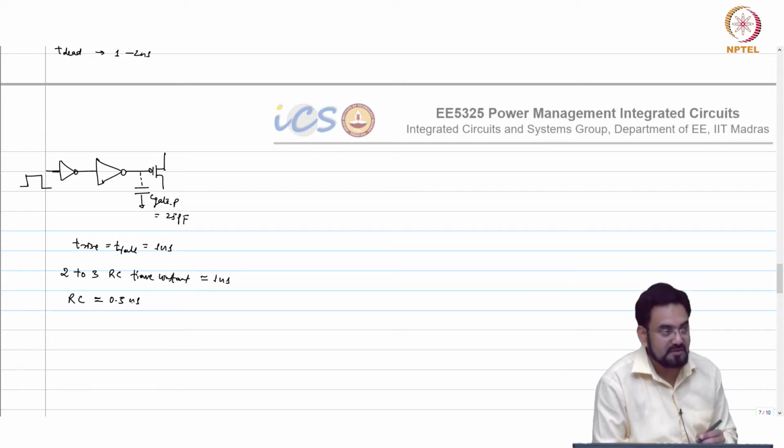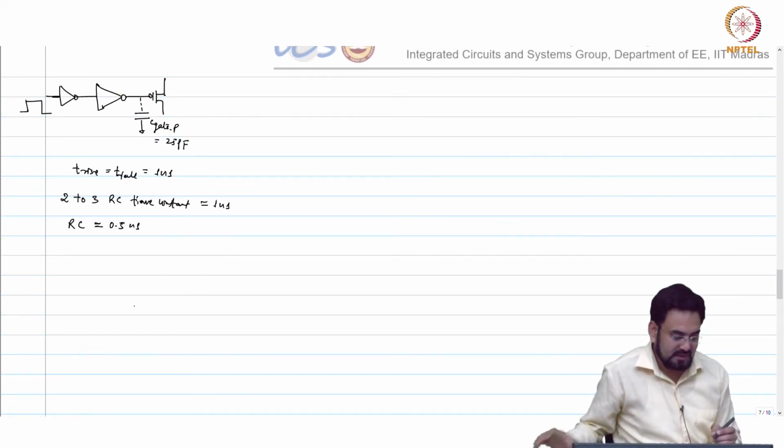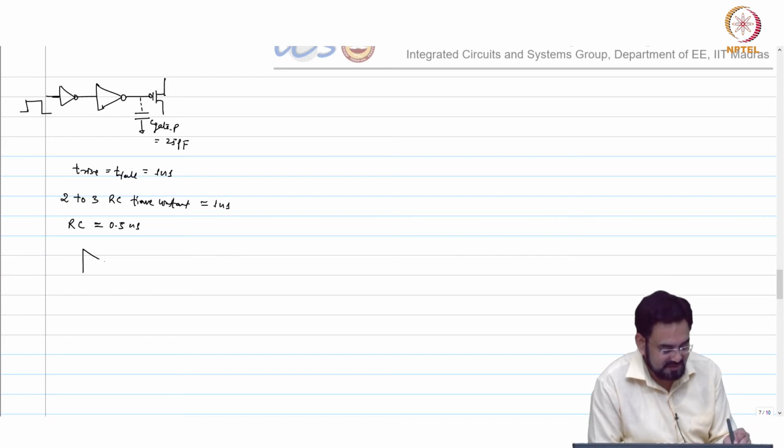C is already known, and R will be the on-resistance of this inverter buffer, this guy.